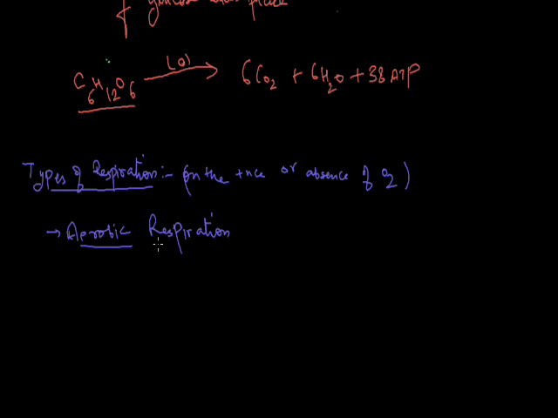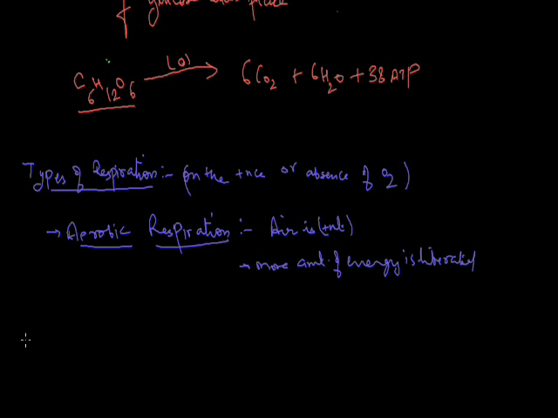Now, aerobic respiration means air is involved here. Air is present. If the air is present, we can say that in the presence of oxygen only this type of respiration will take place. And in this type of respiration, more energy is released, energy is liberated. Now we see the second type, that is the anaerobic respiration.